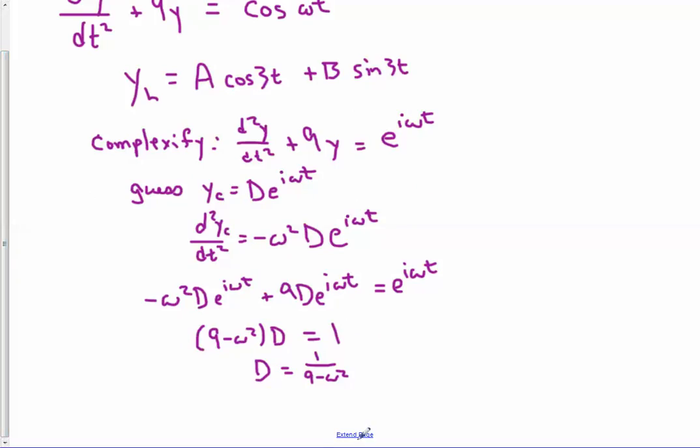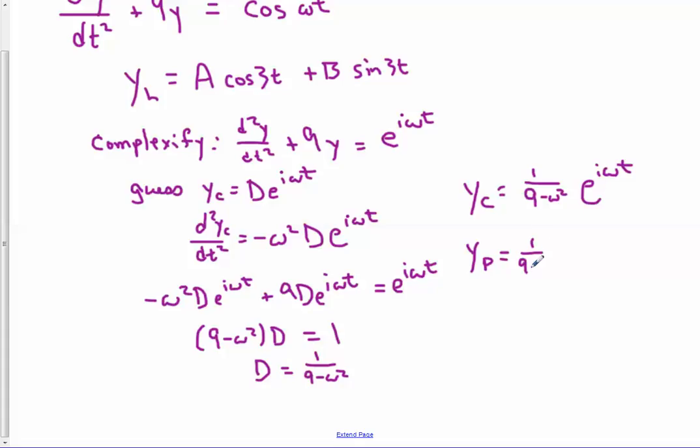Okay. And so my particular solution for the complexified one is 1 over 9 minus ω squared e to the iωt. And so my particular solution, remember, was cosine, so we want the real part of this. And again, very nice in the undamped case, this part is just a real number, so it's really just the real part of the complex exponential, which is just cosine.